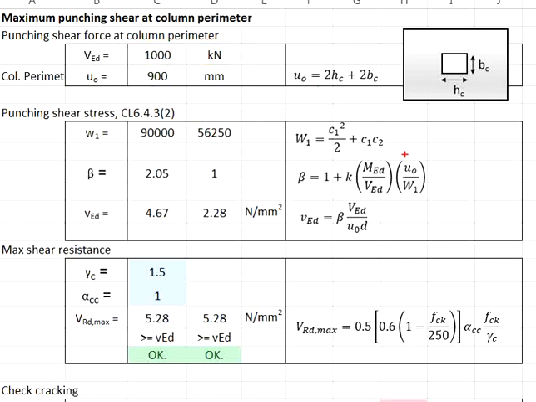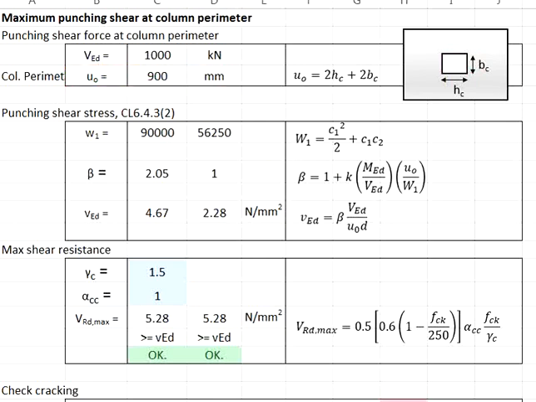And then you need the u0. u0 will be the same as the column perimeter. We know the size of the column. The width is 300, and the other side in the minor axis will be 150. 2 times 300 plus 2 times 150. That will be the u0.